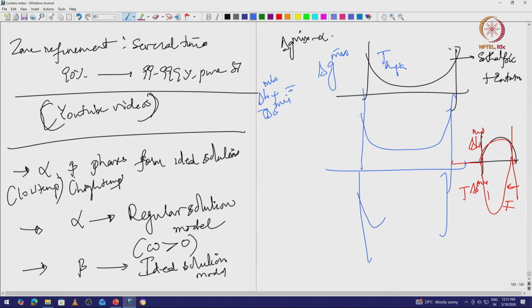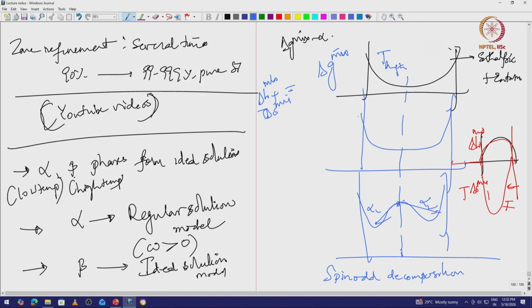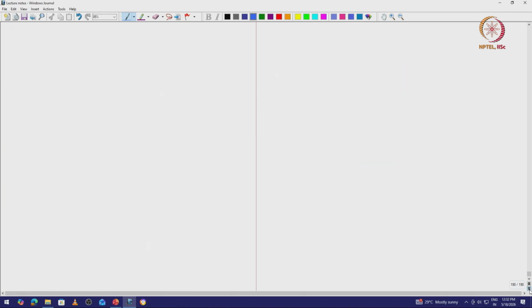At some point this starts to split up, and at this point we said that if I start with a composition which is here, this composition will split up into alpha 1 and alpha 2. So I have a spinodal decomposition. It is an instantaneous reaction that just decomposes into alpha 1 and alpha 2. That is just to remind you of what happens in alpha phase.